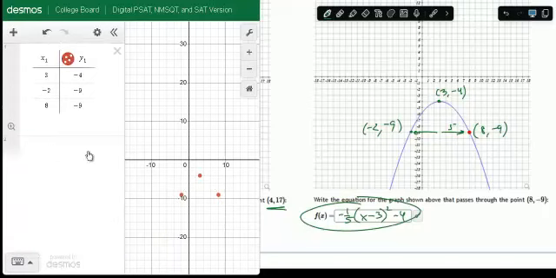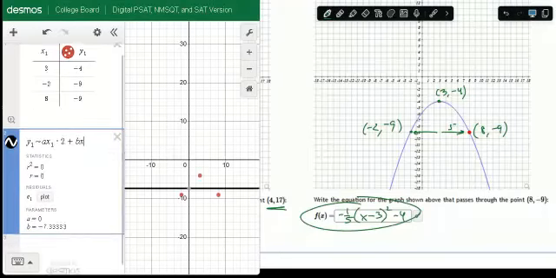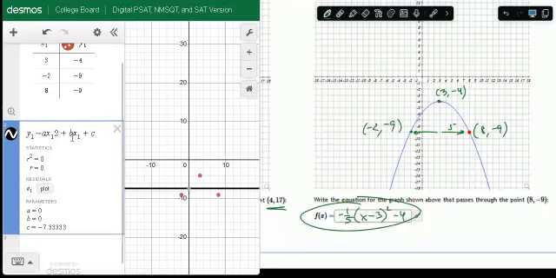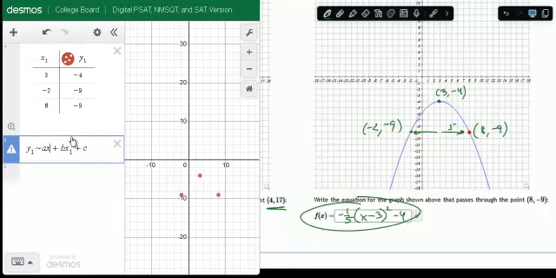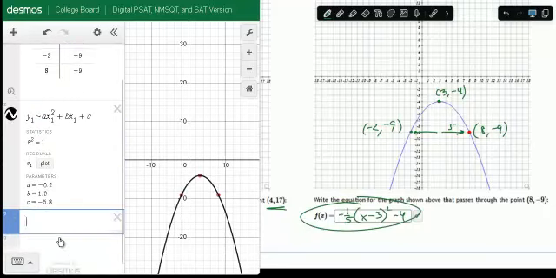If I instead want to write it in standard form, I could take y1 is similar to ax1² + bx1 + c, and that gives me my values of a, b, and c.